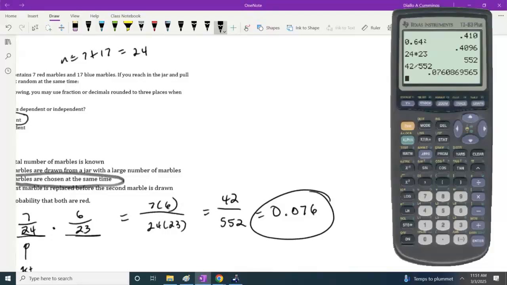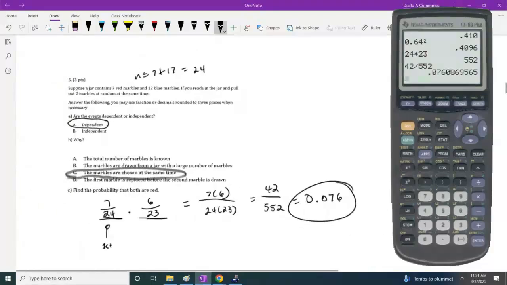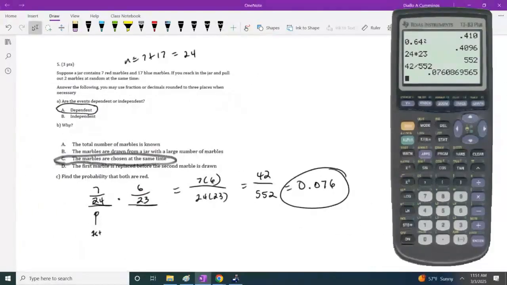Right, rounded to 3 decimal places. Is everybody okay with number 5, which is worth 3 points?